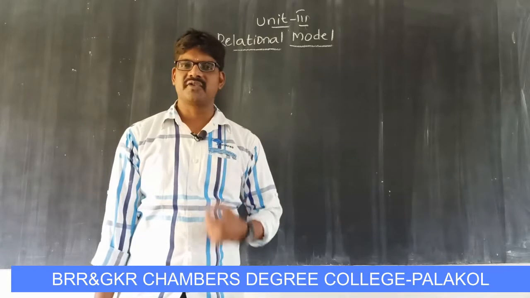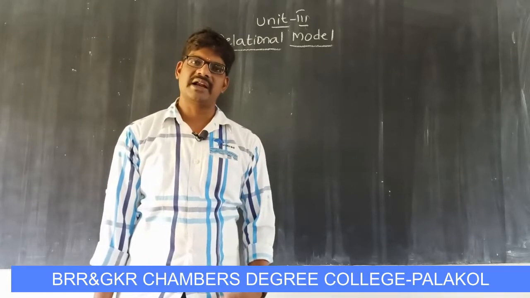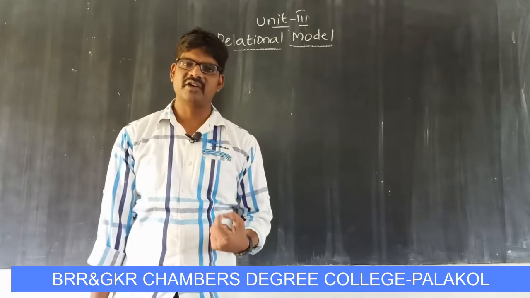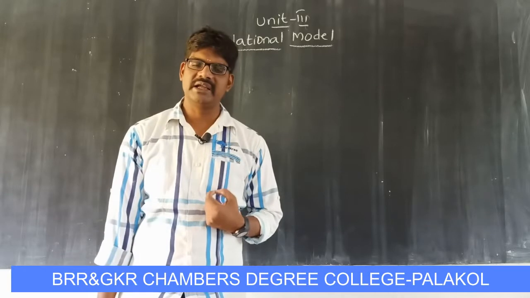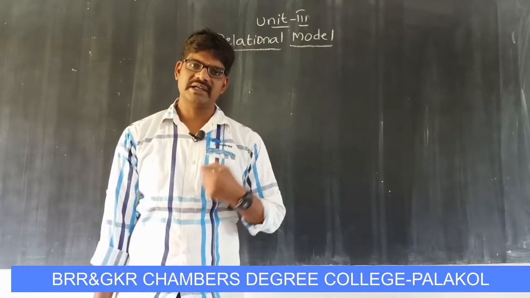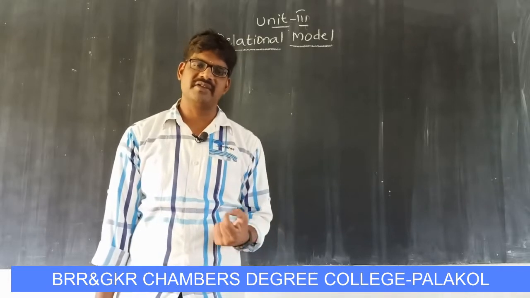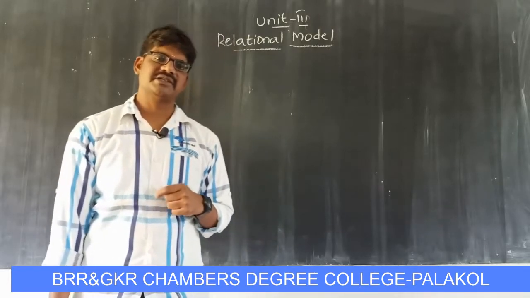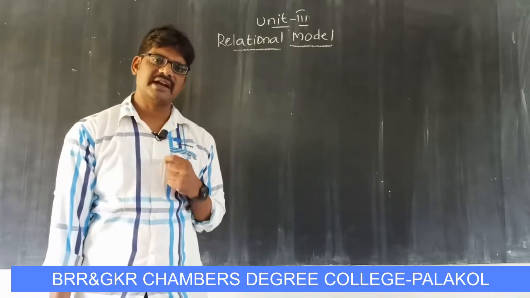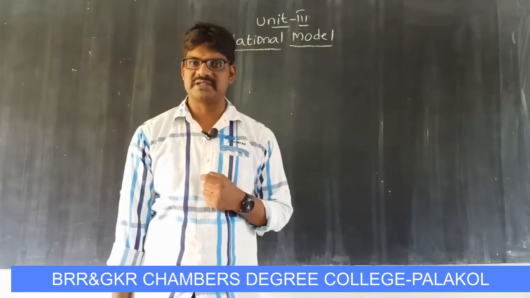Some types of entities, types of attributes and relationships, and degree of relationship, that means unary, binary, ternary and quaternary. And the extraction of ER model, generalization and specialization, and some constraints on generalization and specialization were already discussed in the previous class.